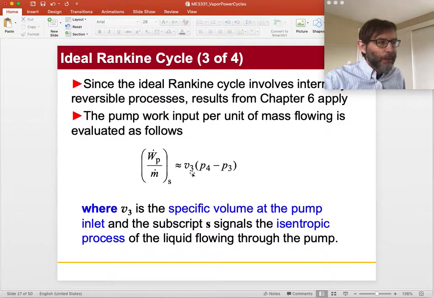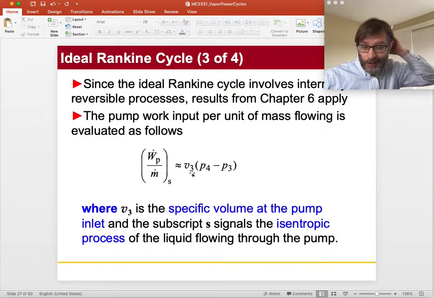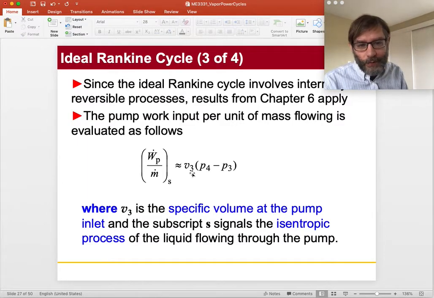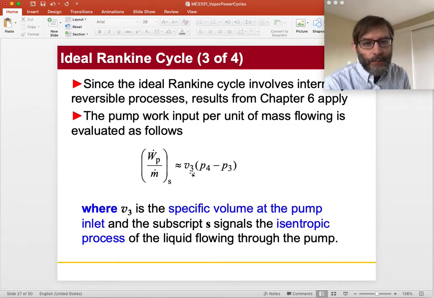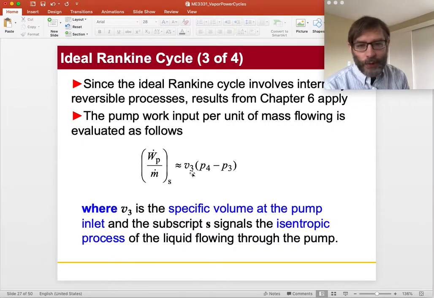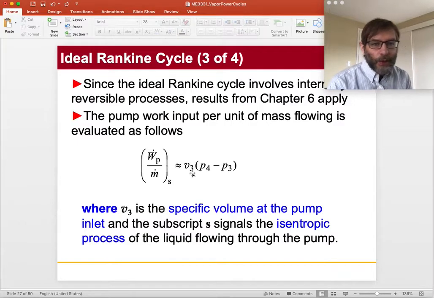This becomes easy because we assume v is constant, because the liquid is incompressible, so you don't have a change in density. The density is the same, 1,000 kilograms per meter cubed, so that's 0.001 meter cubed per kilogram. That's pretty much what it is for water.